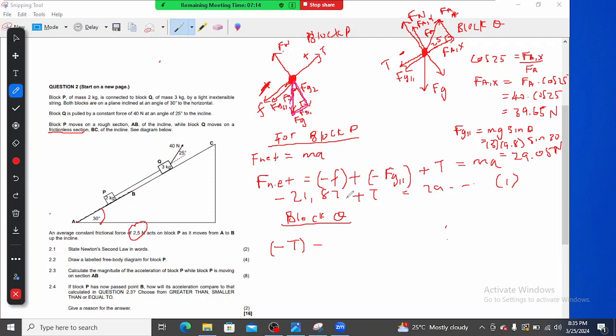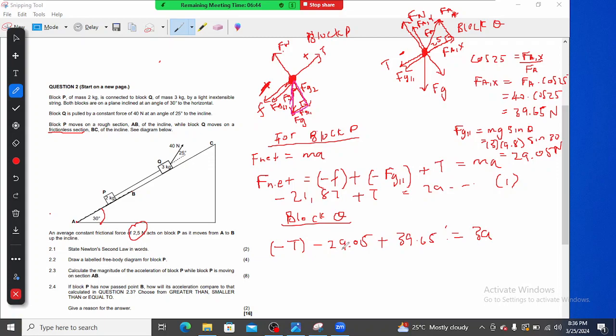So minus FG parallel, which is minus 29.05, and then plus FAX, which is plus 39.65, equal to ma, and the mass is 3, so it's 3a.